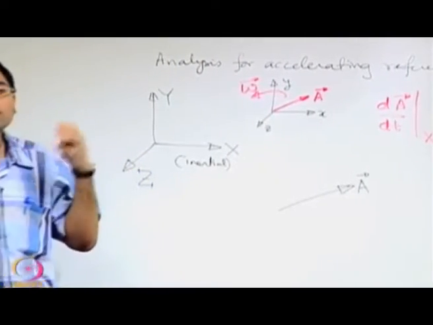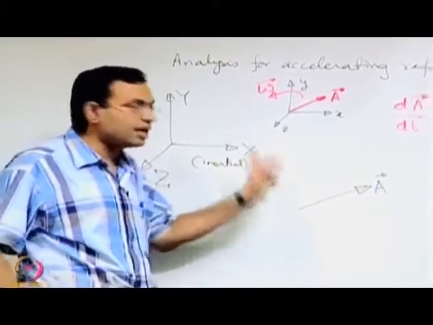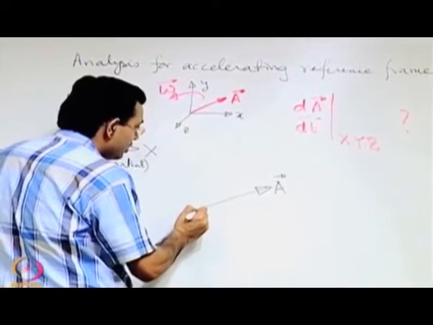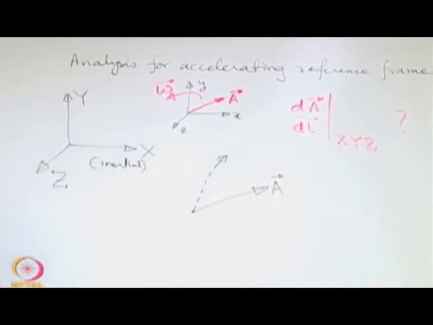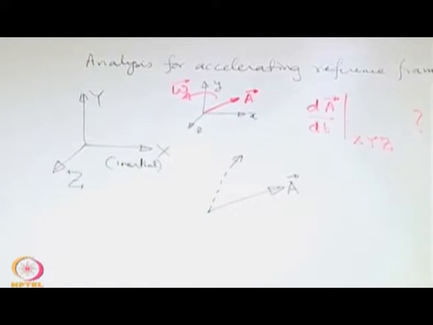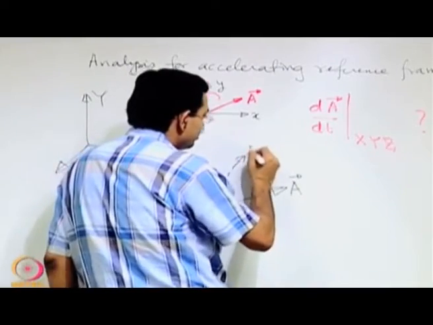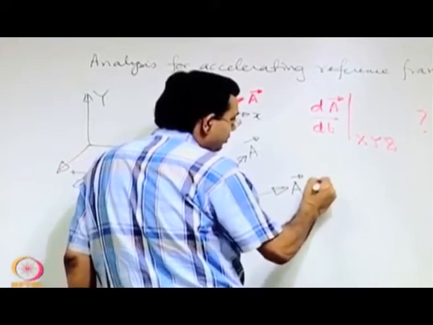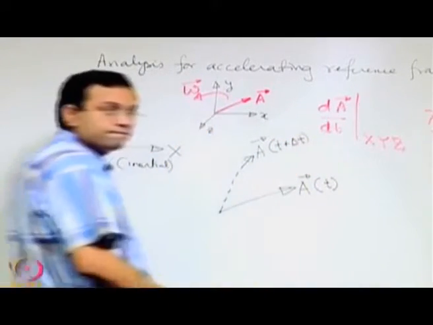It might not be xy plane or yz plane, but it is some plane. So, in that plane this vector A is rotating. When it is rotating, it comes to a new location, say this is at time t, it is at time t plus delta t.